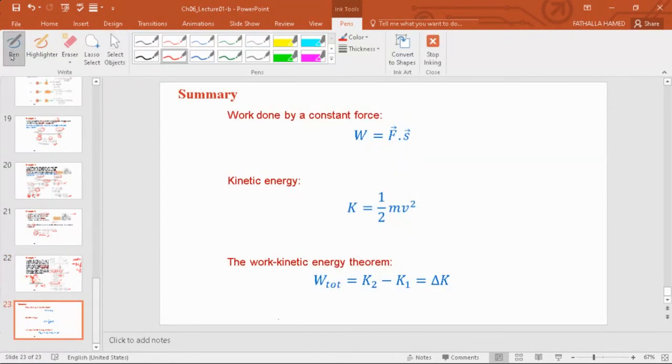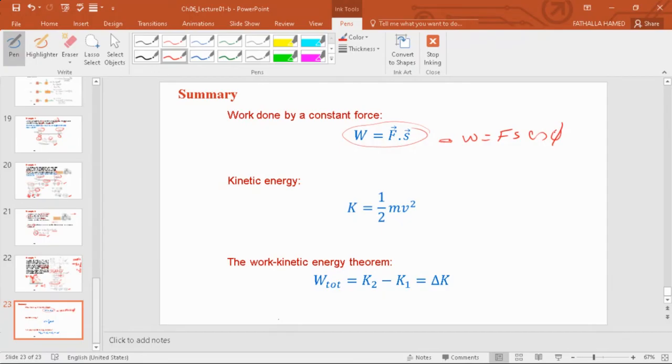So what we dealt with today is basically work done by a constant force, and we define that as F dot S, where F is a vector, S is a vector, but when you take a dot product, you get a scalar product. That means you're going to get a scalar quantity, which is energy, and the units of that are joules. And we said that this should give you Fs cosine phi, where phi is the angle between the displacement and the force.